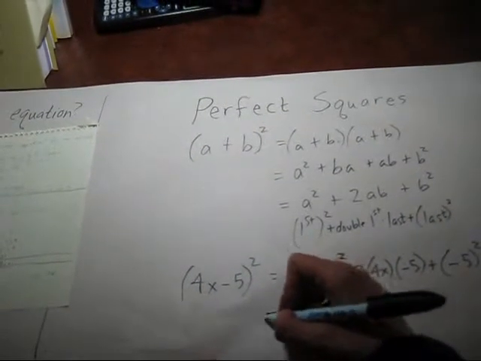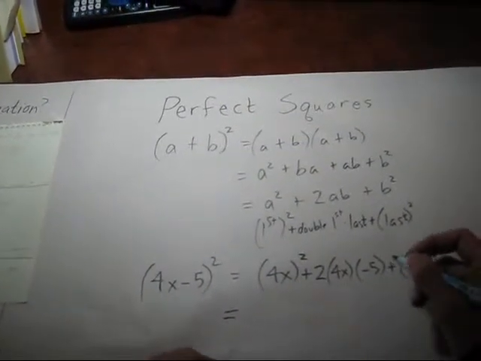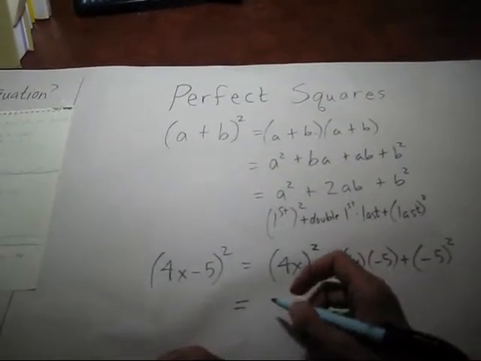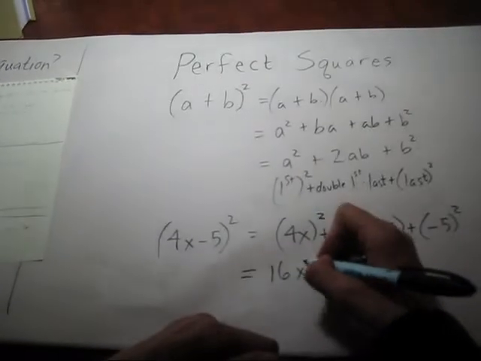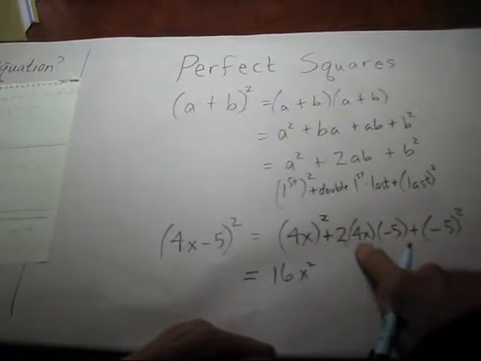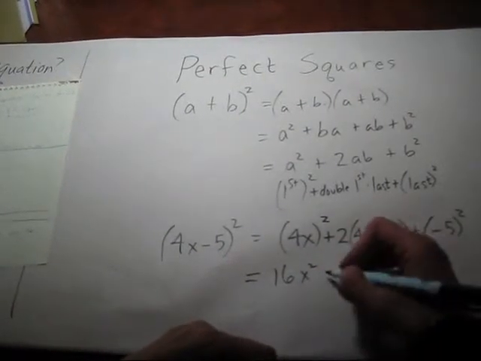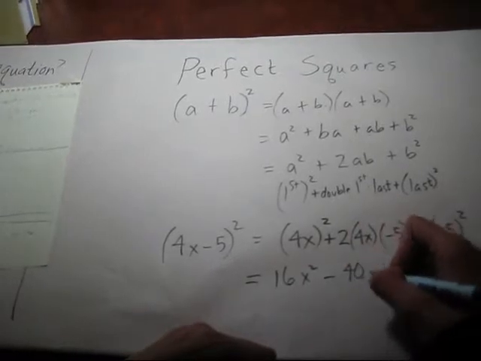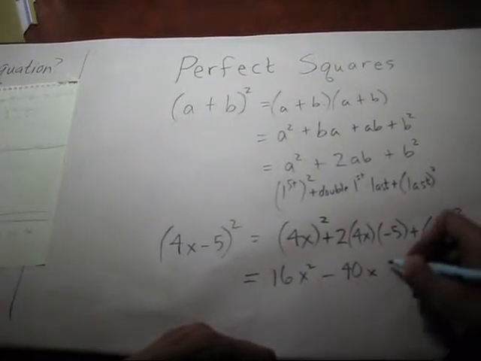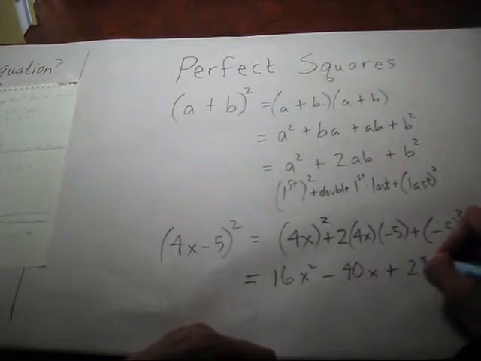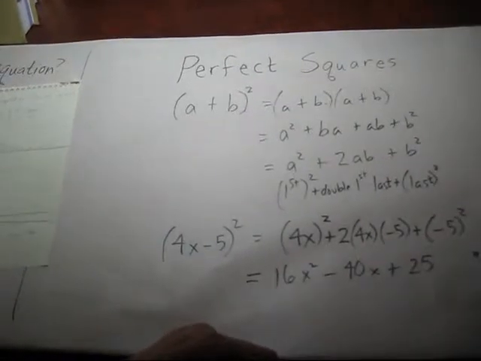Hopefully you'll be doing this enough times it'll be second nature after a while. Square this, we're going to get 16x squared. 2 times 4 is 8 times negative 5, so we're going to have negative 40x, and then negative 5 quantity squared. Better be a positive or else this isn't a perfect square.